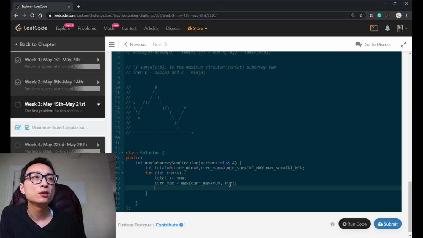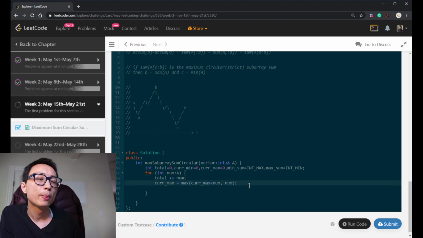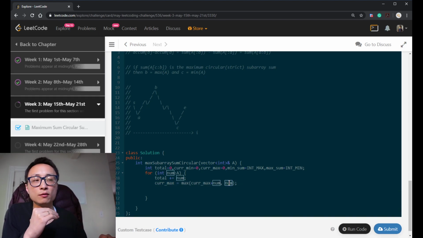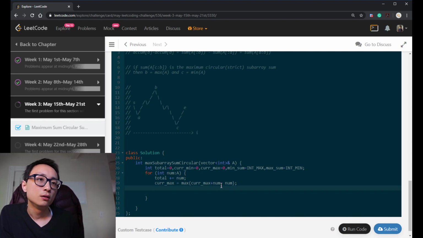And if we have a single number that just shoots up and makes the previous upward hill useless, then we just use that number alone. If you treat this as the beginning, you're pretty much restarting. And that's the update rule for this. Minimum is similar, just on the opposite side.